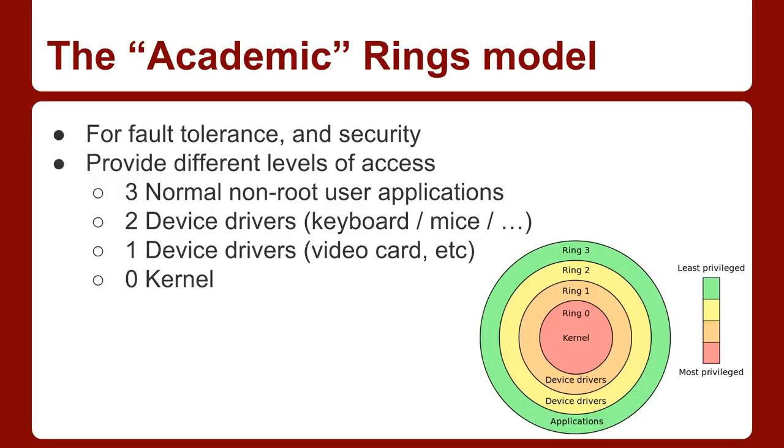Now, the video card may need more permissions than, for instance, the keyboard and the mouse. And then ring 3 is typically where you will find most user mode applications and user processes.